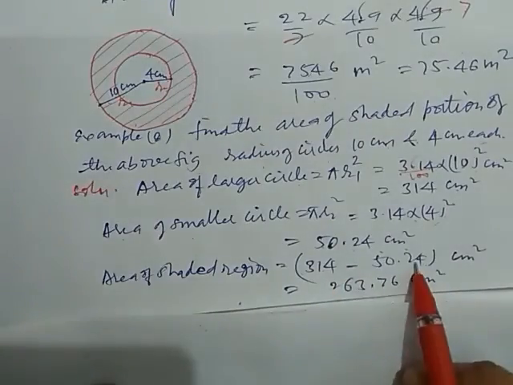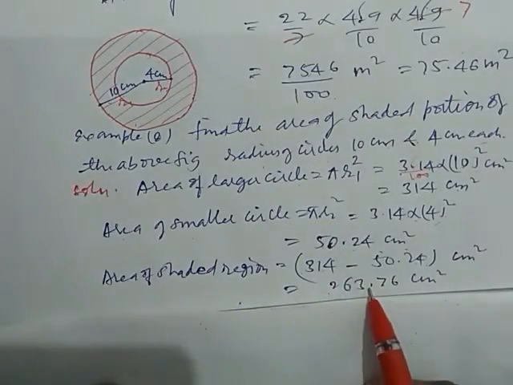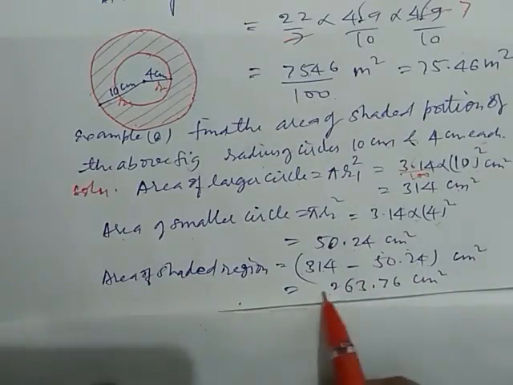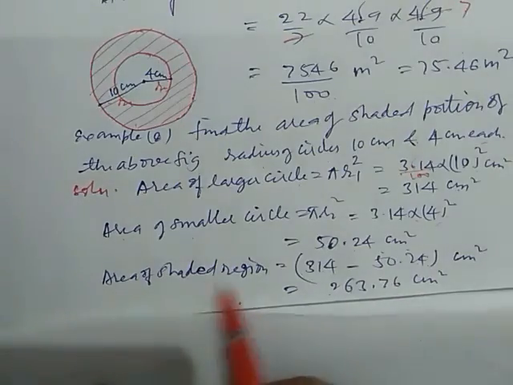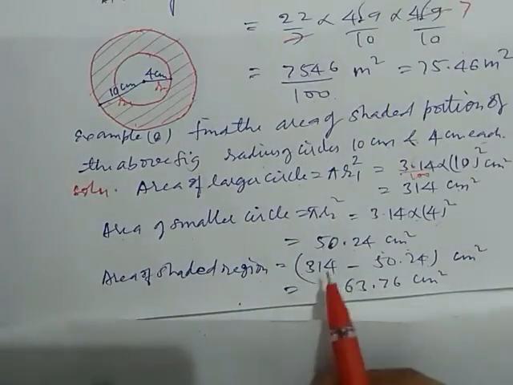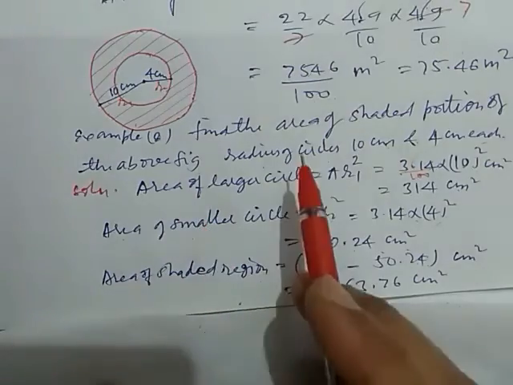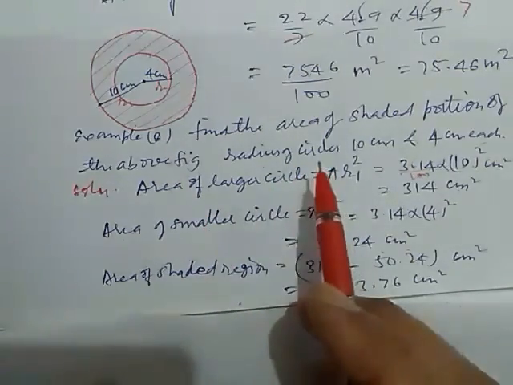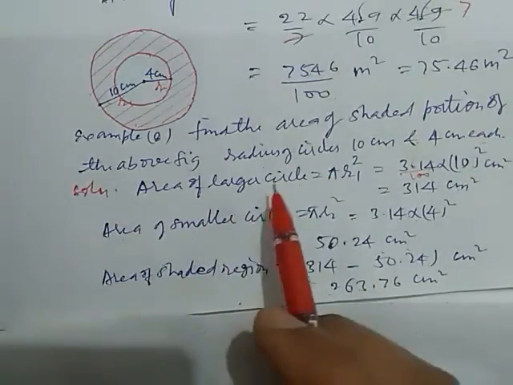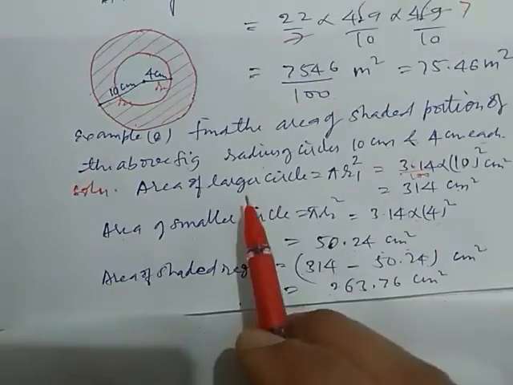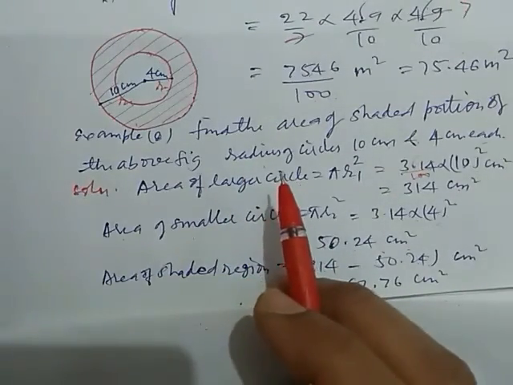So we subtract them, and we get 263.76 centimeter square. This is the area of the shaded region. This is the way we calculate the area of circular parts or shapes. So using this knowledge, solve the exercise.